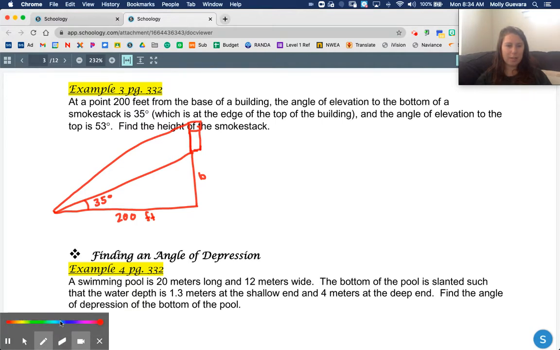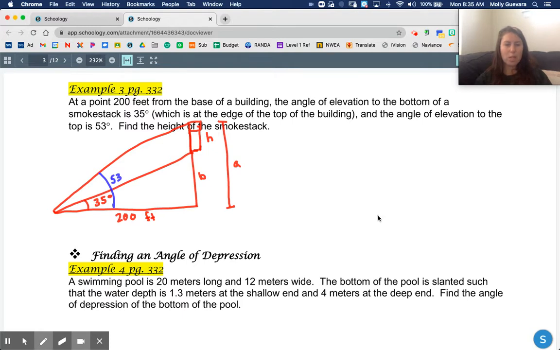So I'm going to draw that in a different color. So this right here is 53. And let's just call this the height, find the height of the smokestack. So this is what I'm interested in, the height of the smokestack. I'm going to call this whole thing A.